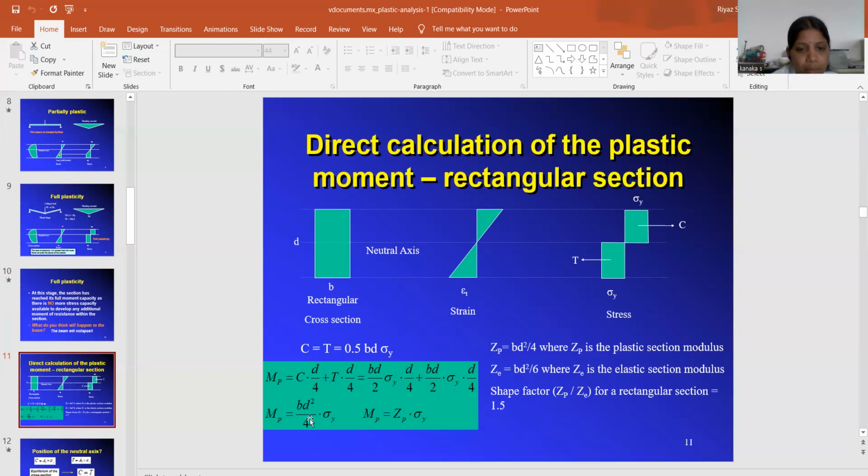Since B D squared divided by 4 is the plastic section modulus ZP, MP equals ZP times sigma y. This is the plastic moment of the section, where sigma y is the yield stress and ZP is the plastic section modulus.